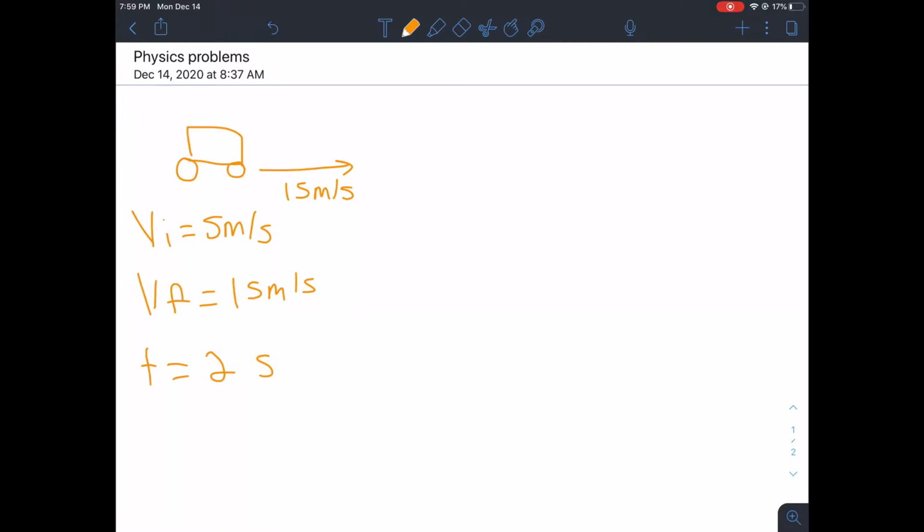So the equation for acceleration is: acceleration equals the change of velocity over time. So we do acceleration equals final velocity minus initial velocity over time.